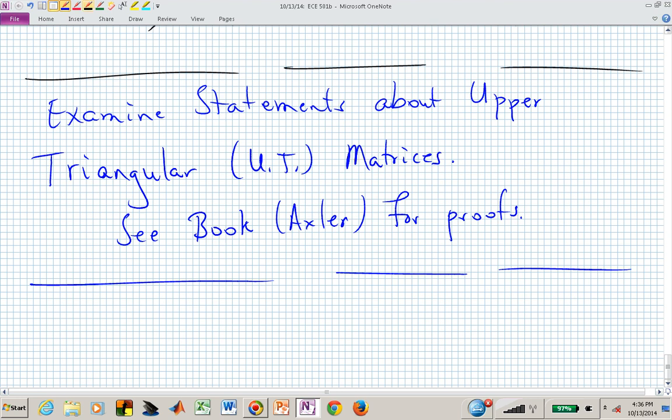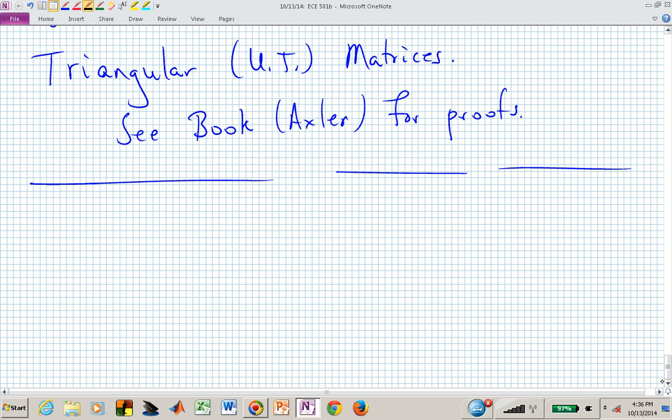First, let's look at theorem 13, which says given V, and now we are going to specialize this vector space to actually be a complex vector space.